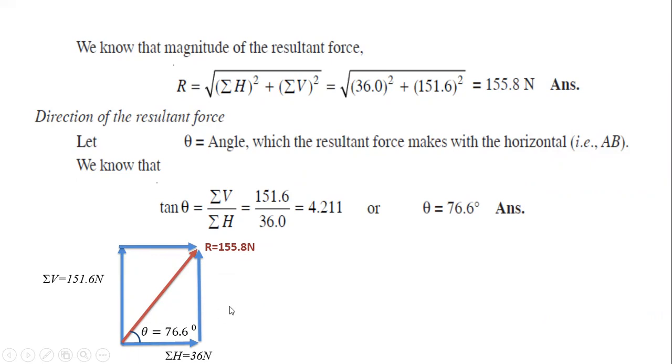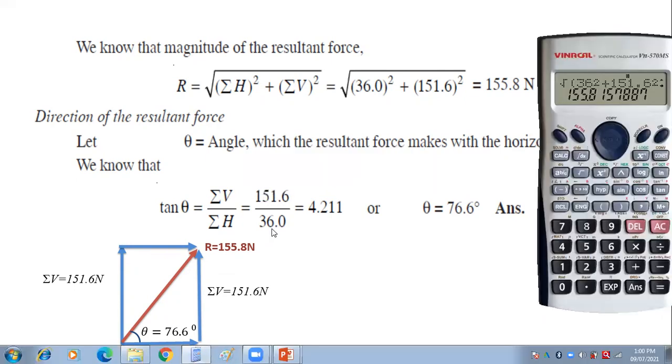And as we know, due to this geometry, tan theta is equal to how much? Tan theta is equal to opposite side upon adjacent side. Now here tan theta is equal to summation V upon summation H, the summation of all vertical forces divided by the summation of all horizontal forces, and the intensity is, as we know, 151.6 divided by 36.